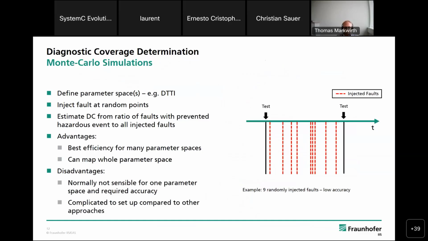For the analysis itself, there are several possibilities. One would be a definition of when this fault should occur.